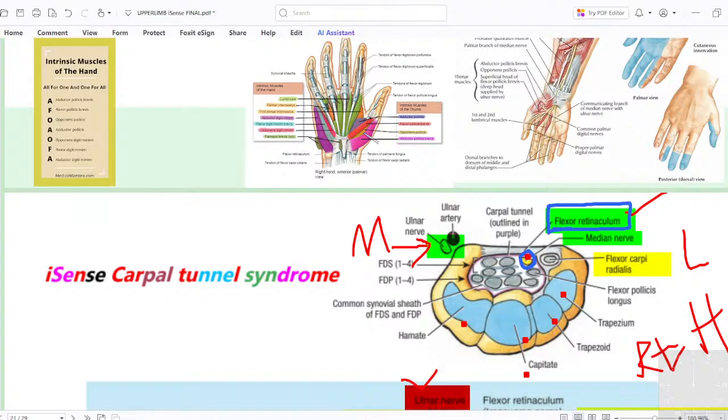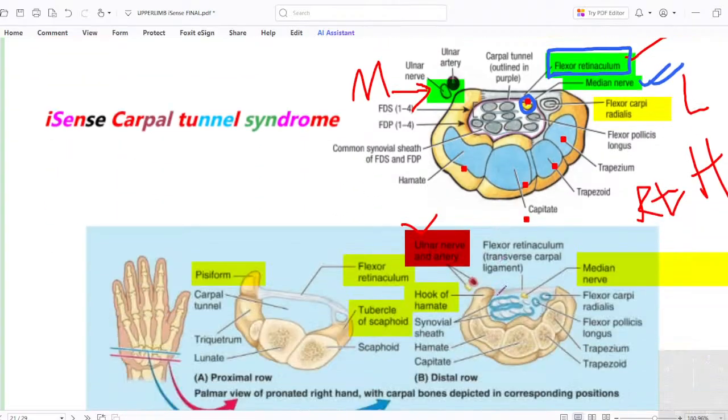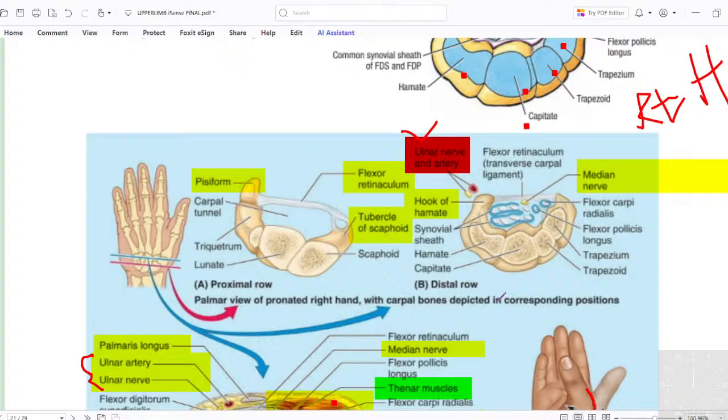That is why in carpal tunnel syndrome this nerve gets entrapped, because other structures are solid and stronger, like the bony structure or the tendons.